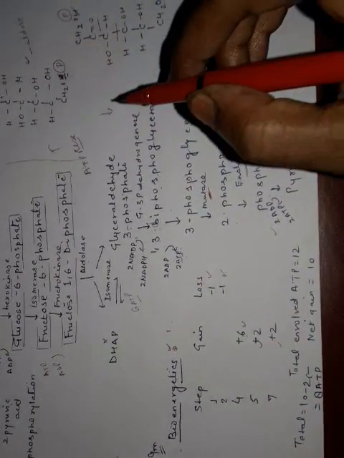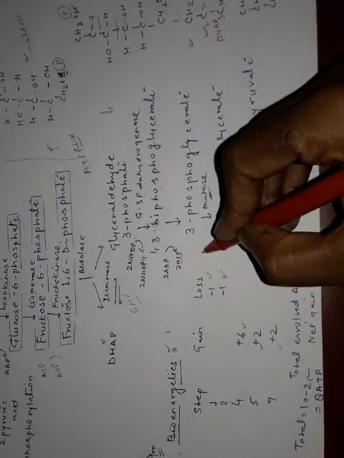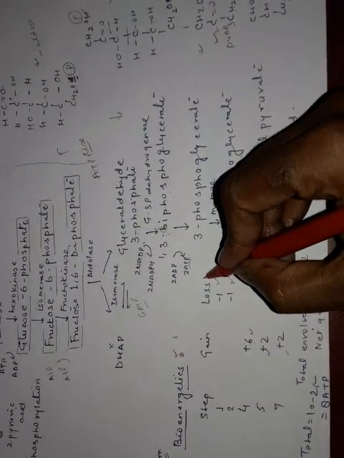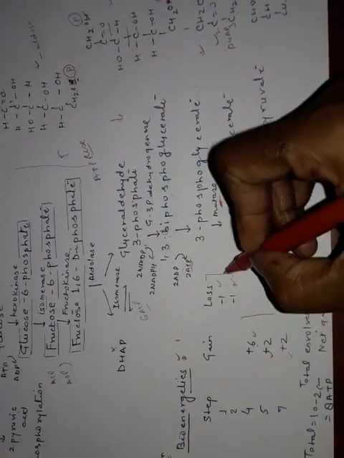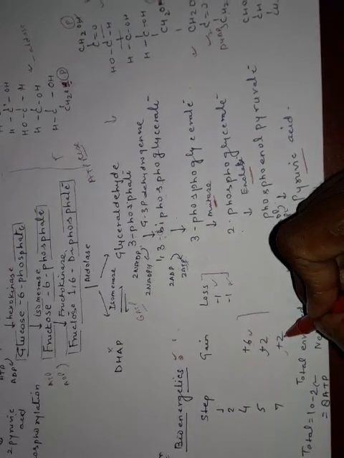And the last step too. So total ATP involved, you consider both loss and gain: 6, 8, 10, 12, so total ATP involved is 12. Net gain: 6, 8, 10 molecules of ATP formation takes place. And total gain, 10 minus 2, is 8 ATP formed from glucose to pyruvic acid.